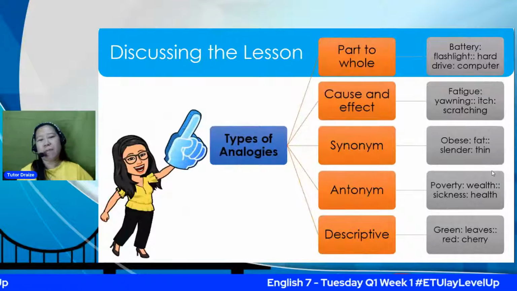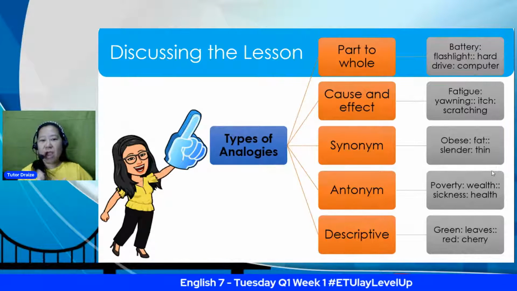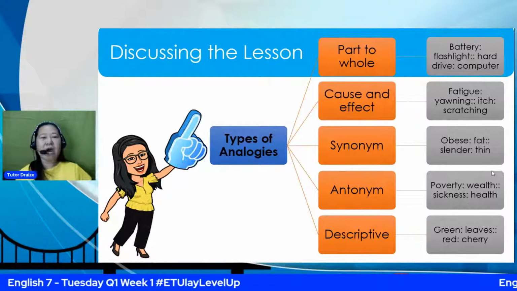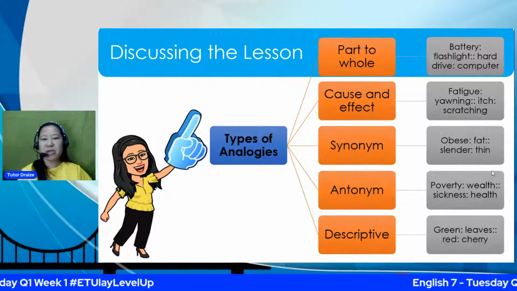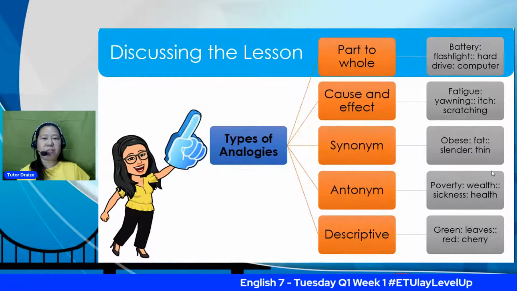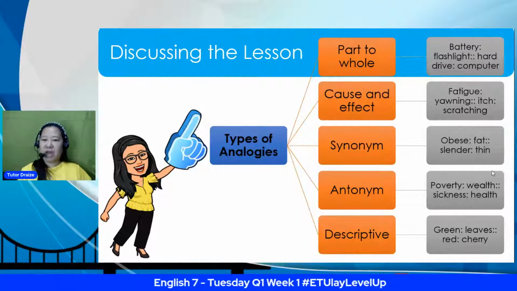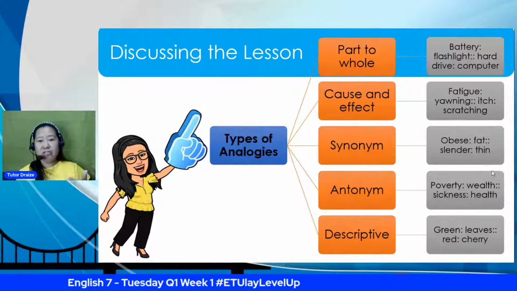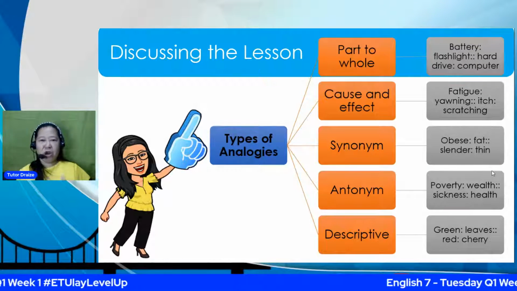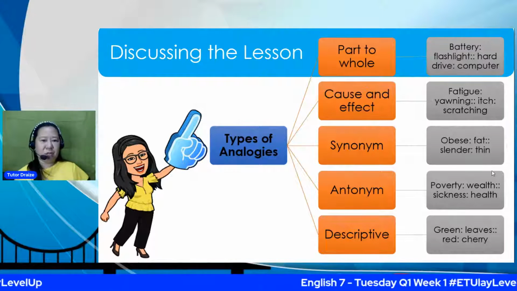So, what are the types of analogies? We have here five for the first part, and then we still have some more. First we have part to a whole. An example of that would be battery is to a flashlight, as a hard drive is to a computer. Battery is a part of a flashlight, hard drive is a part of a computer, right?